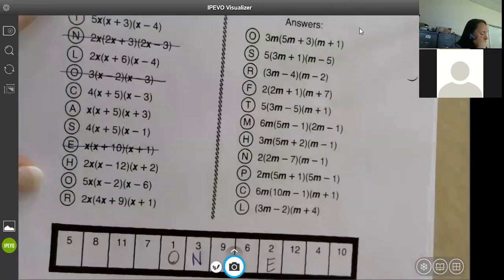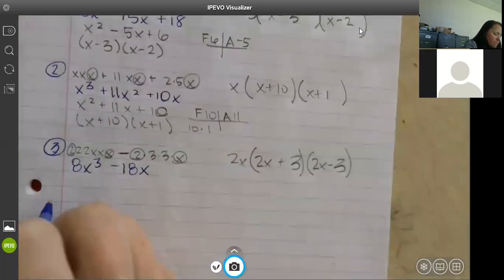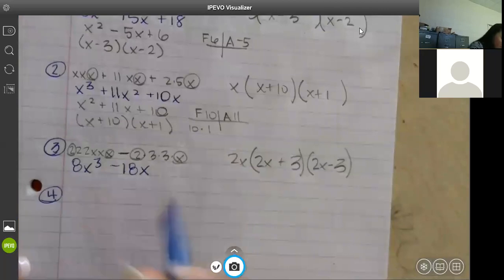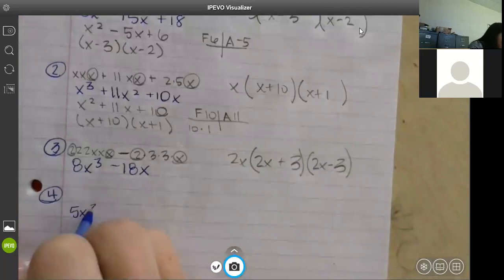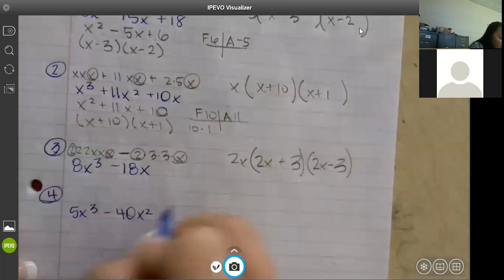I'm gonna go ahead and do number 4. Number 4 is 5x cubed, just because they're bigger numbers, minus 40x squared plus 60x.